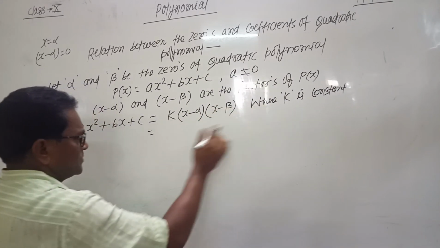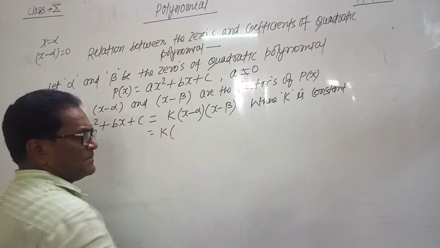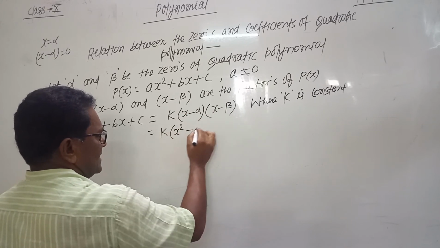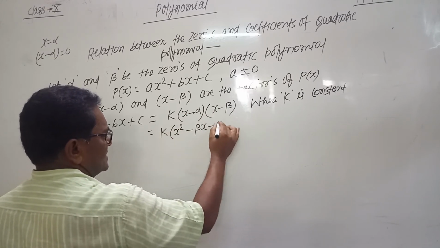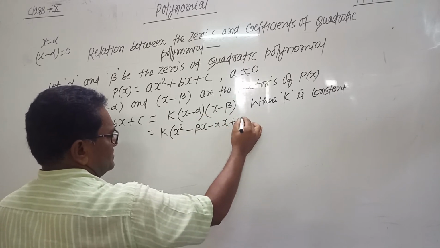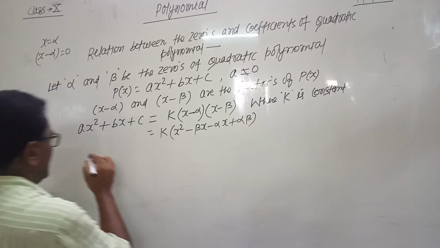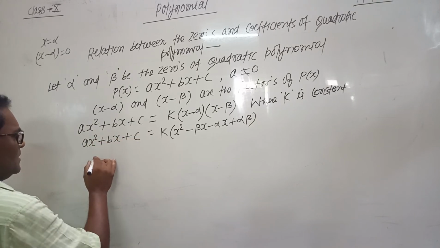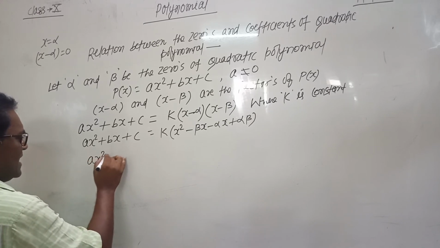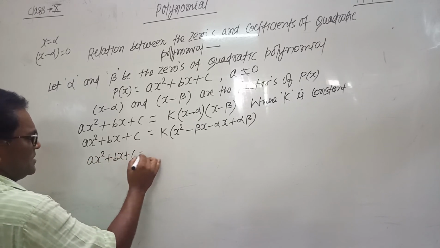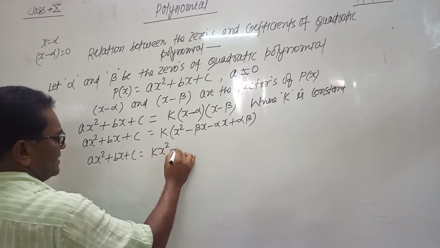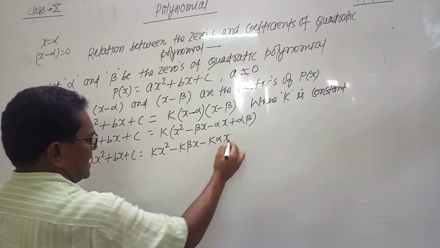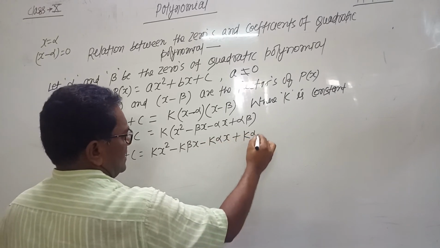Now we will solve this expression by multiplying the bracket terms. So x into x, x² minus beta x minus alpha x, and plus alpha beta. On the left side there is ax² + bx + c. So ax² + bx + c equals kx² minus k beta x minus k alpha x plus k alpha beta.